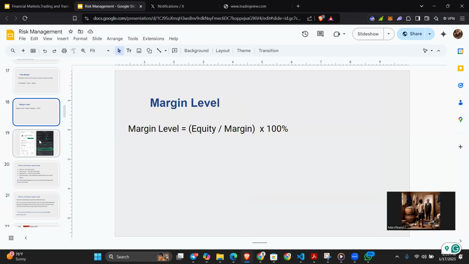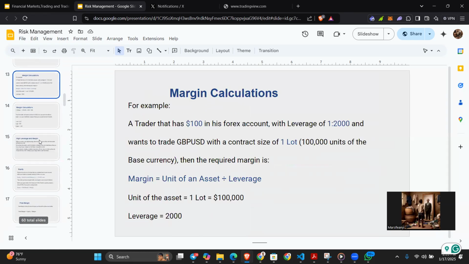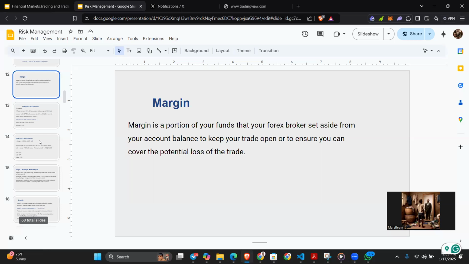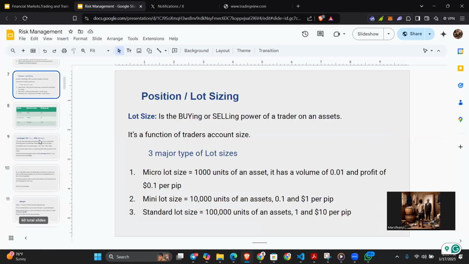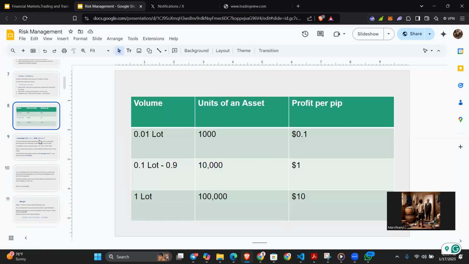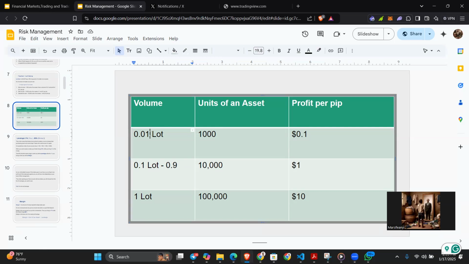Based on our understanding of the various types of lot size, 0.4 falls under the mini lots, because the mini lot is from 0.1 to 0.9.